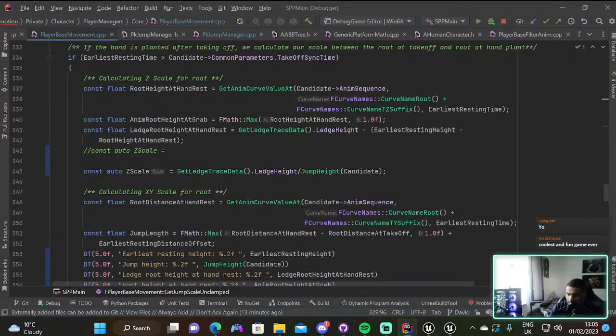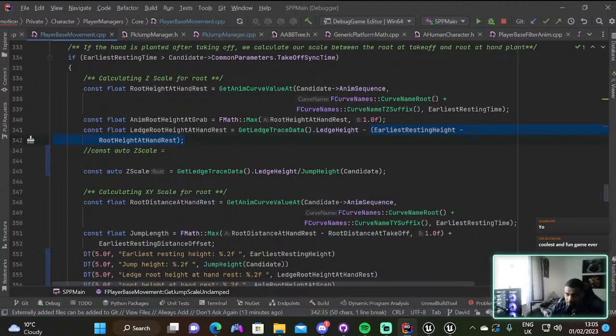Now, the difference is in my scale, I account for this here: earliest resting height minus root height. And then I take that off of the ledge I want to go to.